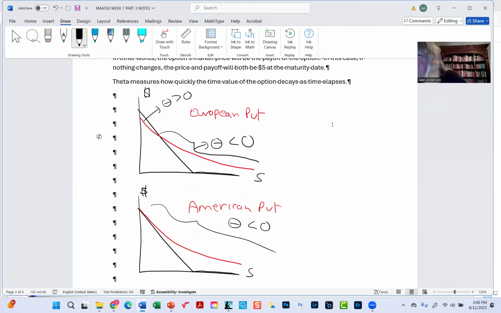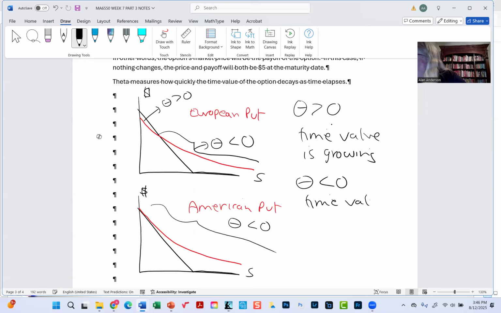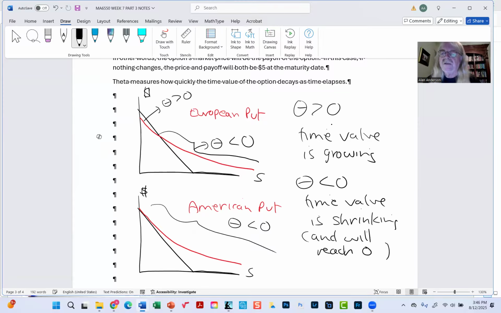So remember, theta positive would indicate that the time value of the option is actually growing. But that's not normally the case. And it will be zero at maturity.